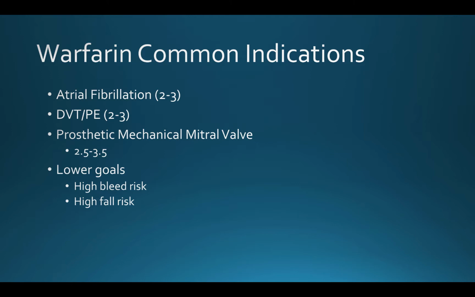Maybe they're at really high risk for stroke or blood clot, but also at really high risk for bleeding complications, and they really want to keep tight control on that INR, which can be really challenging to do. You may see some alternative goals based upon clinical experience and past history. But by and large, the target goal is 2 to 3, and 2.5 to 3.5 for a mechanical mitral valve.